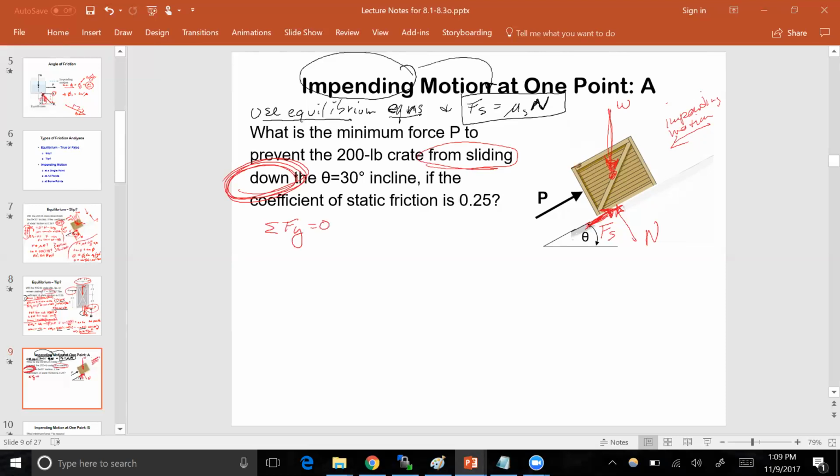And with this W force, we can resolve it again into a tilted axis where we have the Wx and the Wy directions. Again, our axis is tilted this way, like so. Here's x, here's y. This angle is theta here.